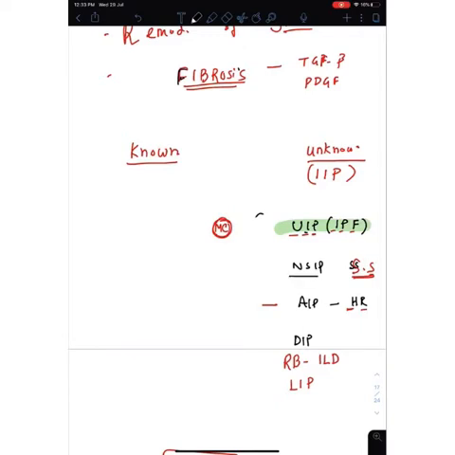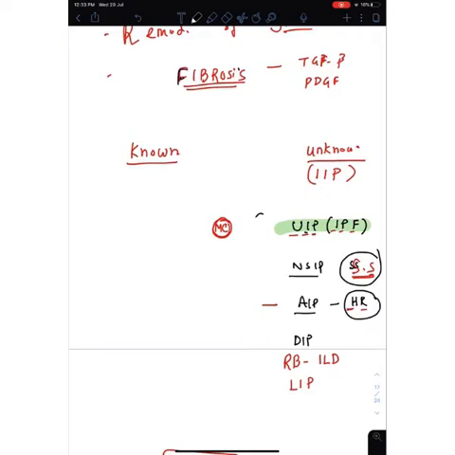The next type is NSIP or non-specific interstitial pneumonia. It's very important because it is associated with systemic sclerosis. So you will be given a history of a systemic sclerosis patient and asked what ILD is present in this patient. The answer will be NSIP. Third, a rare variety, but very dangerous, very fulminant, is acute interstitial pneumonia, otherwise known as Hamman-Rich syndrome.